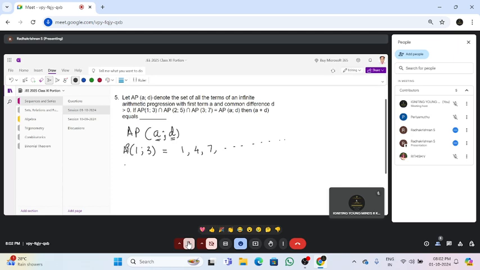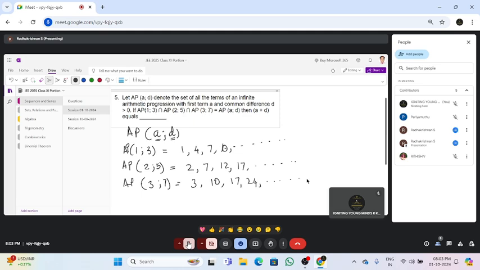Similarly AP(2;5) is going to go like this: 2, 7, 12, 17 and so on up to infinity, non-alternating. Similarly AP(3;7) equals 3, 10, 17, 24.